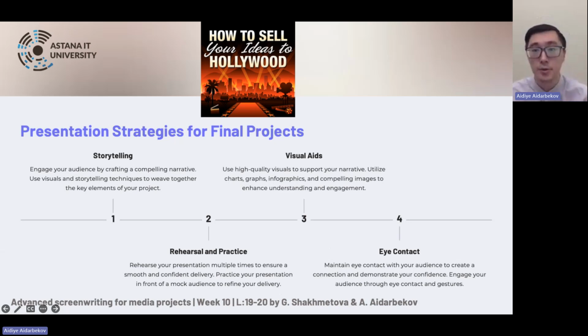Sometimes it's better to do some research, check some internet images, or maybe generate them with AI with a specific prompt, and then producers and investors will see where you're moving and what you want to show them.